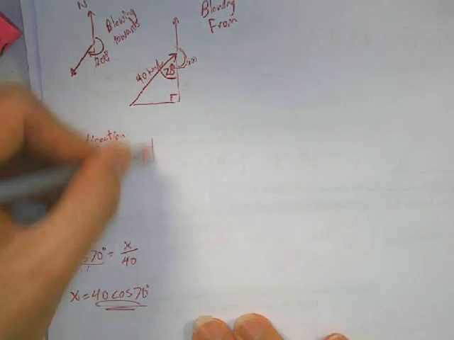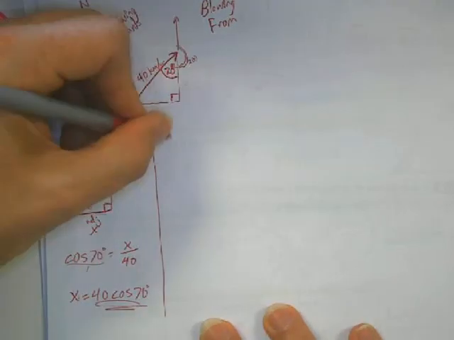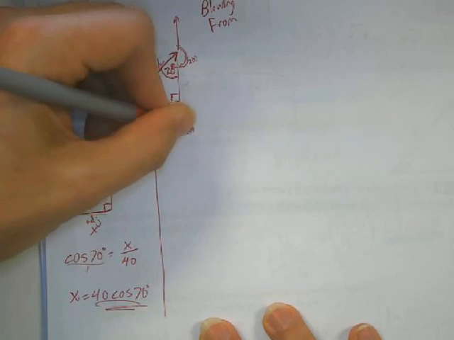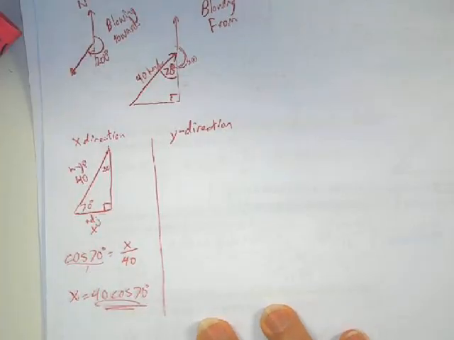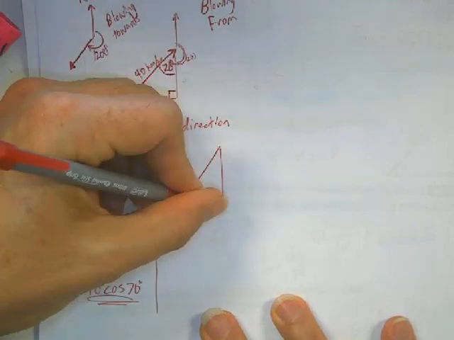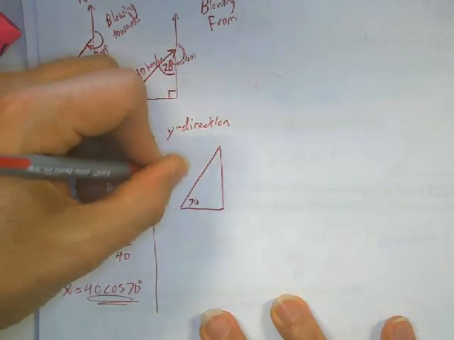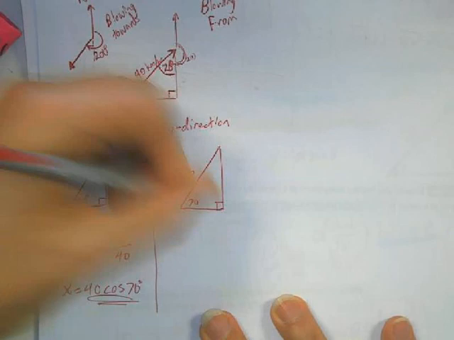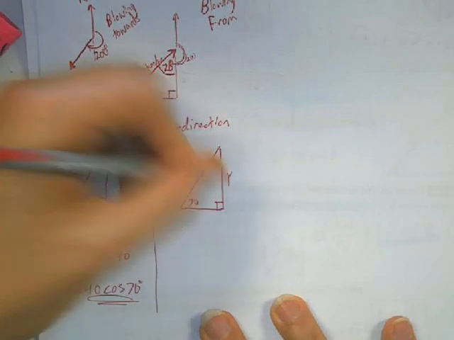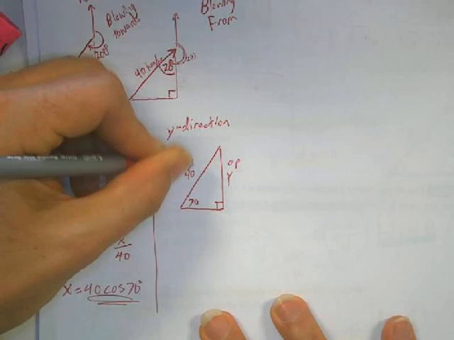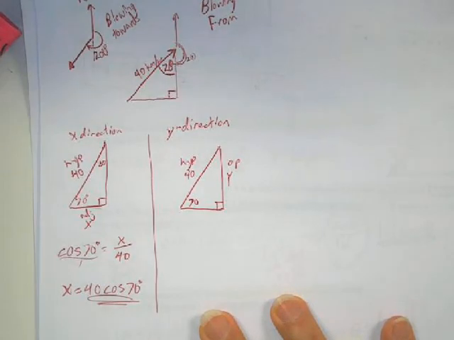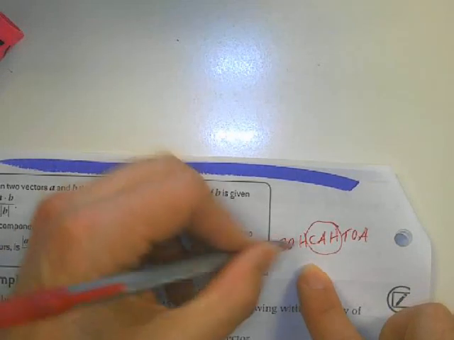Okay, in the y direction, we're dealing with opposite and hypotenuse. And if I'm dealing with opposite and hypotenuse, we're going to use sine.